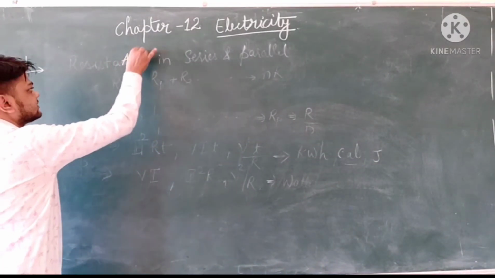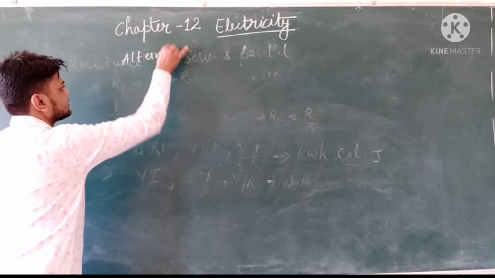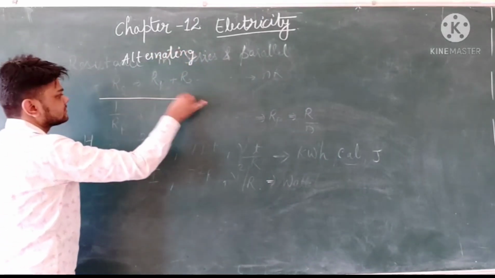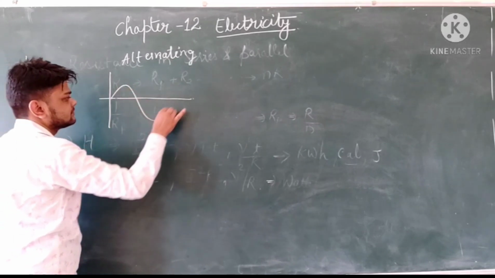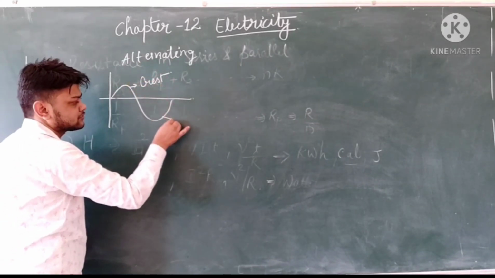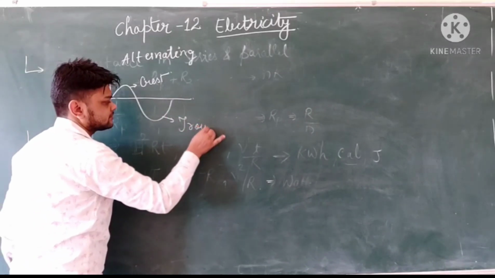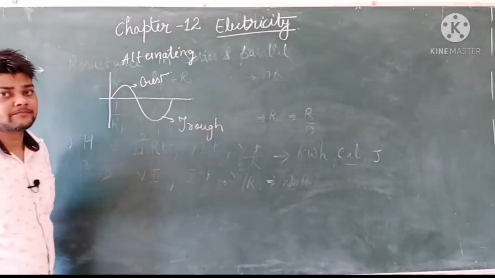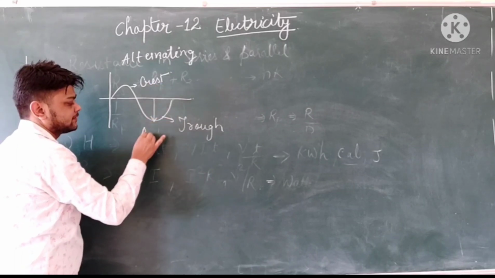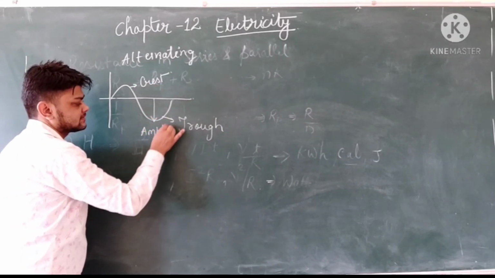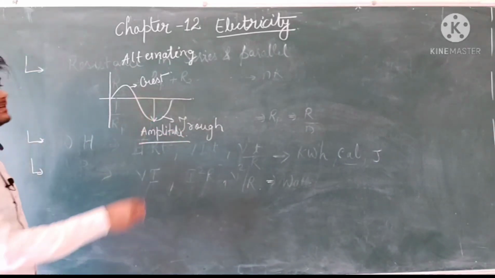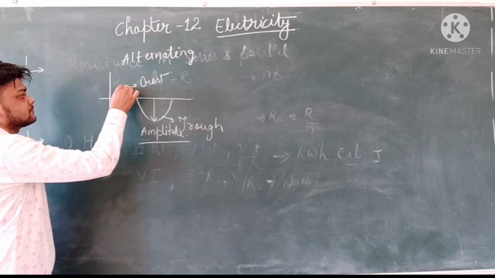If I start with that, I have an alternating current which is represented by a wave having a crest as the upper portion and a trough as the lower portion, such that I have here an amplitude, that is the maximum height obtained during that curve formation.